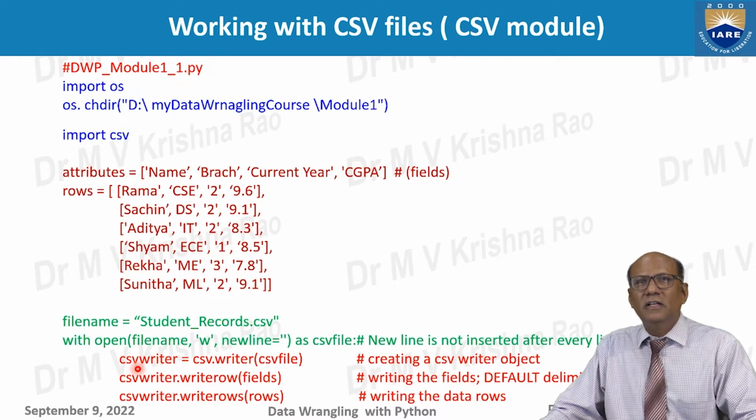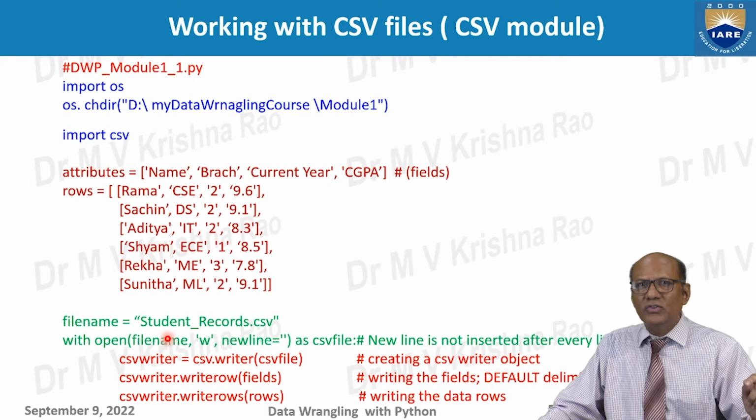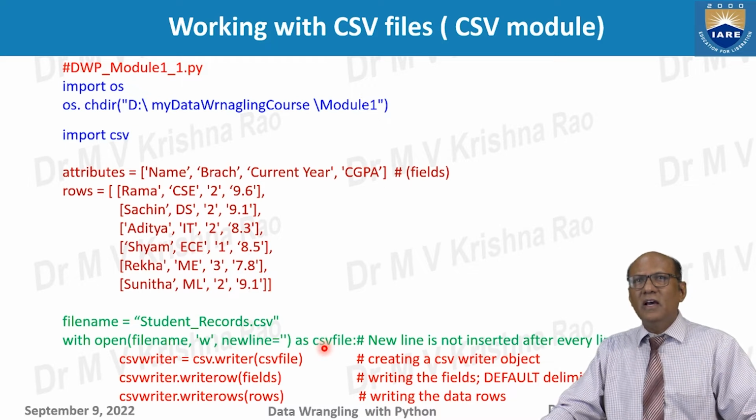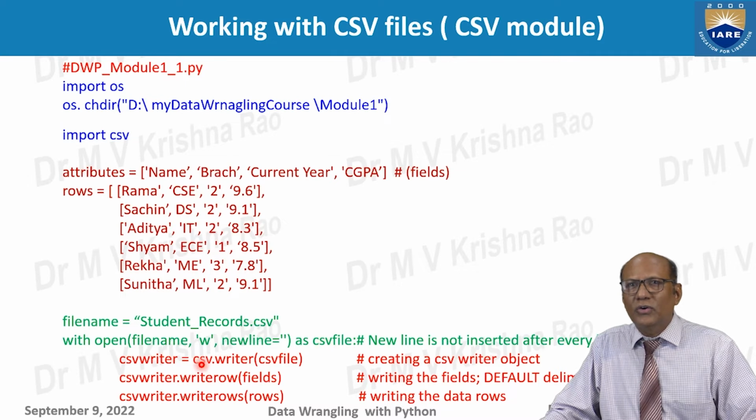What is the first one? CSV writer is an object, and csv file is basically a file pointer. You have opened this file, and it holds the address of the data where you want to store. In hardware terms, it is equal to the starting address of the memory locations where you are going to store this data.